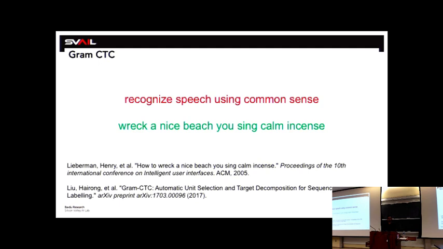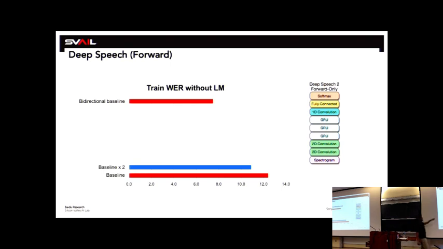So the Fisher switchboard benchmark allows you to train non-deployable models. So if you take a bidirectional baseline and put gram CTC on it, it'll do better than this. And that is state of art, or second.